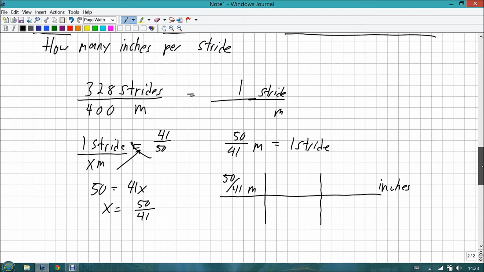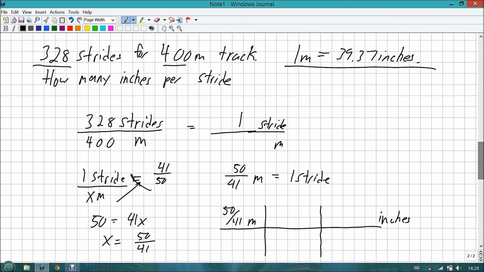Fortunately, I know that, according to this, 1 meter is 39.37 inches. So I would use that ratio. I would say 1 meter is the same thing as 39.37 inches. I would multiply across and then divide by the bottom after making sure that all of my extra dimensions cancel.